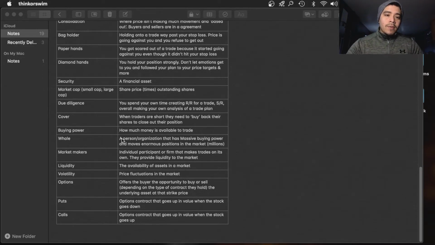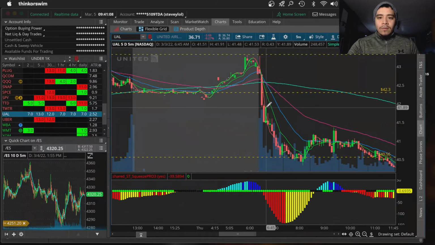A whale. This is a person or an organization, firm, or brokerage that has massive buying power and moves enormous positions in the market, millions. So think of a whale. It's big, it's huge, right? If you see a whale, it could be somebody moving millions of dollars, and you know when a whale is there because of these aggressive moves.